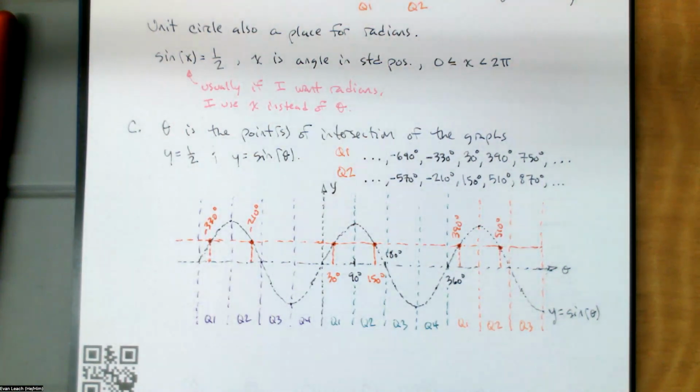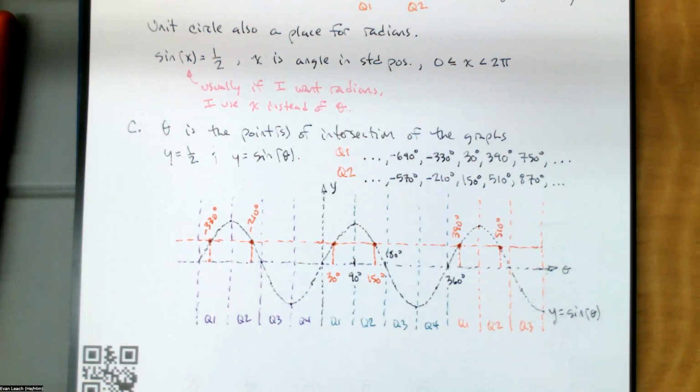So the way the context has changed here is that we have an infinite number of intersections with the y equals 1/2 and the graph of sine theta. In the previous example, we were looking for places where the y coordinate was 1/2, because sine corresponds to the y coordinate.